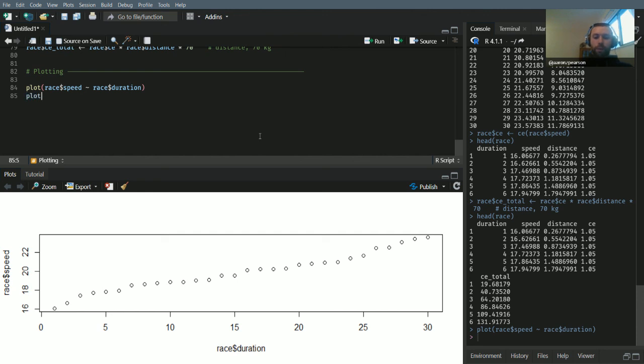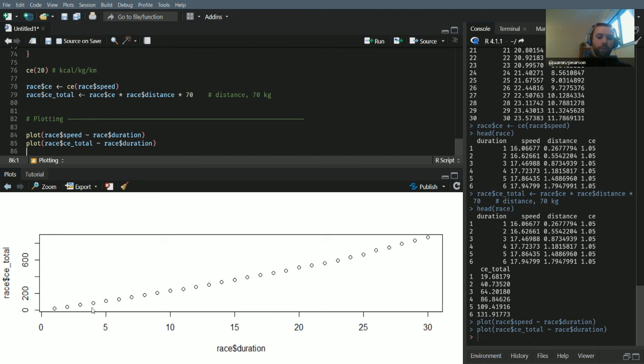And then finally, what we will do is plot our caloric expenditure total onto our duration. And there we have it. So you'll see this gradual, it's almost like a slight bow here. And that's because we have this gradual increase.